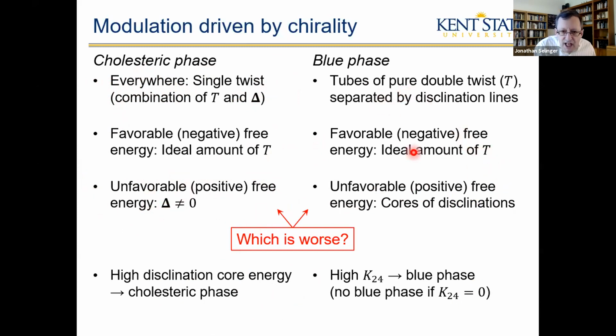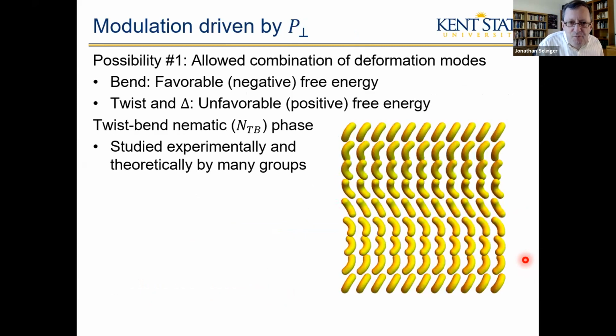In a blue phase, it gets twist everywhere, but it has to accept the unfavorable disclination cores. So which is worse? Well, it depends on the disclination core energy versus the energy cost of the delta mode, which is K24. So if the disclination core energy is high, it makes a cholesteric phase. If the K24 is high, it makes a blue phase. Okay, so that's a way of thinking about this classic problem in liquid crystal physics.